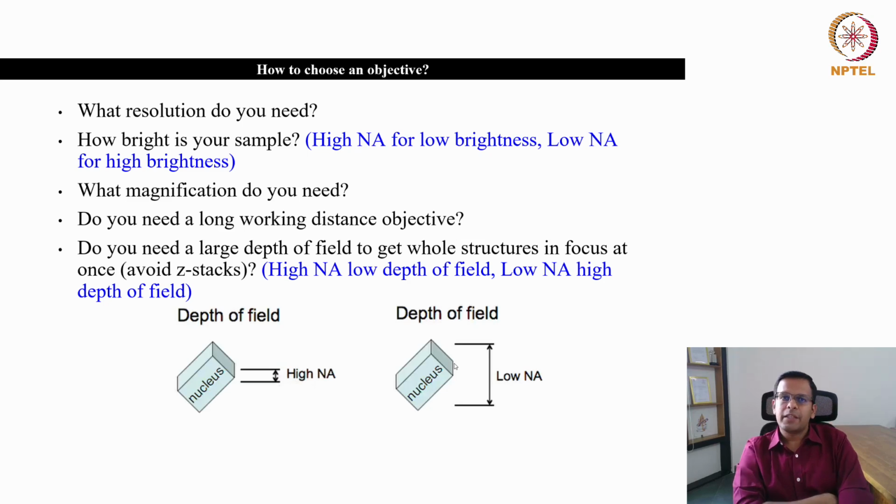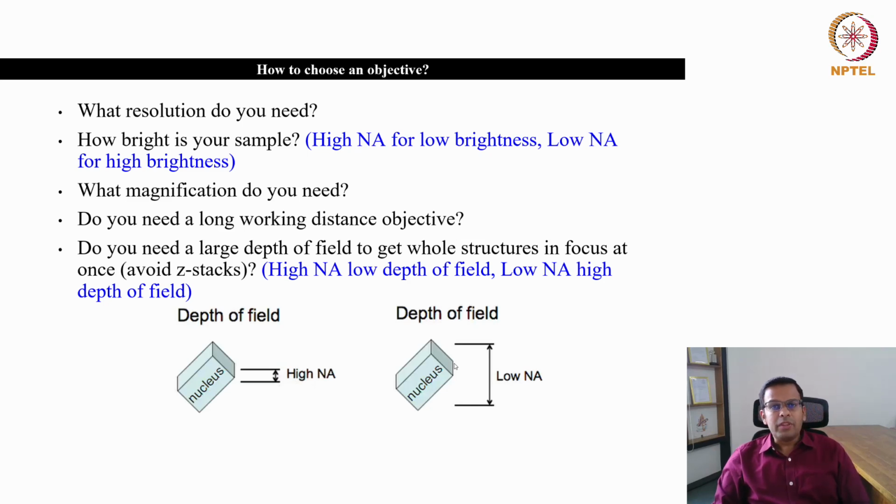But let's say for addressing your question, resolution is not a concern. You really do not want to separate two tiny spots which are very close to each other. You just want to count how many nuclei are present in this sample.